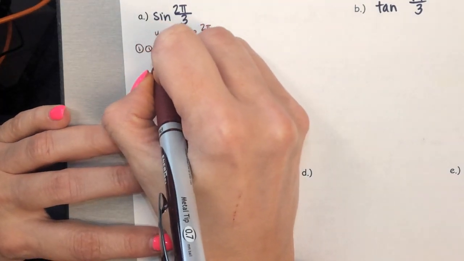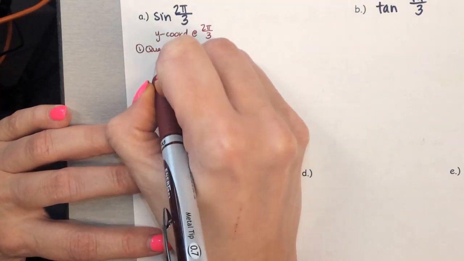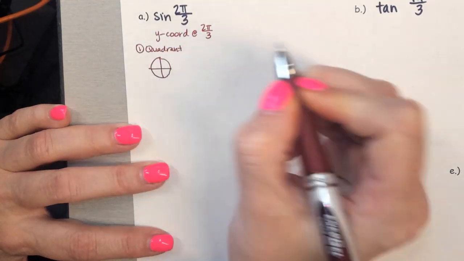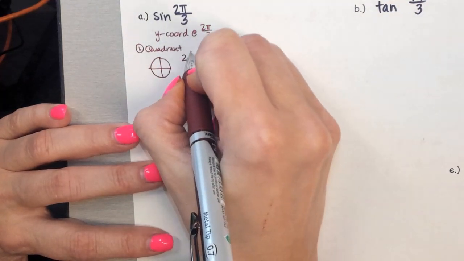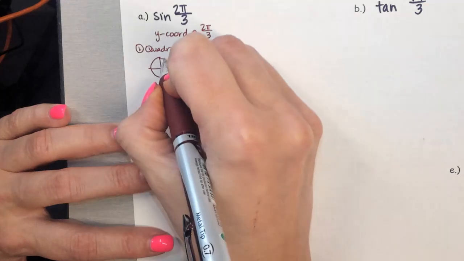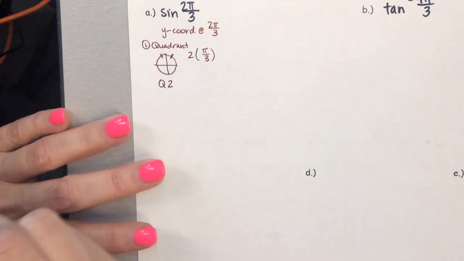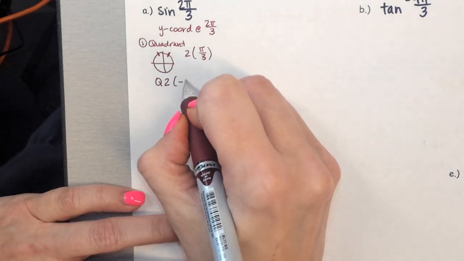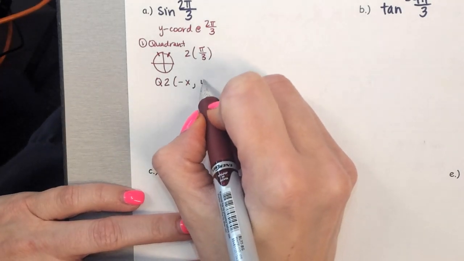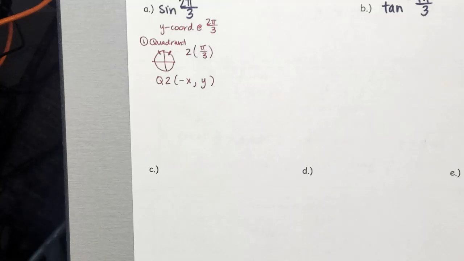Okay, so find the quadrant of 2 pi over 3. Okay, so it's 2 times pi over 3. Here's 1 pi over 3, 2 pi over 3. It's in quadrant 2. That lets me know that x value is negative and the y value is positive. We are finding the y there.